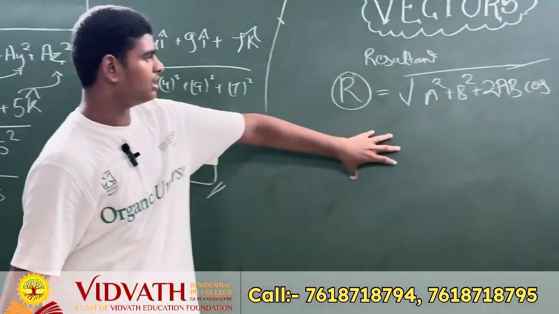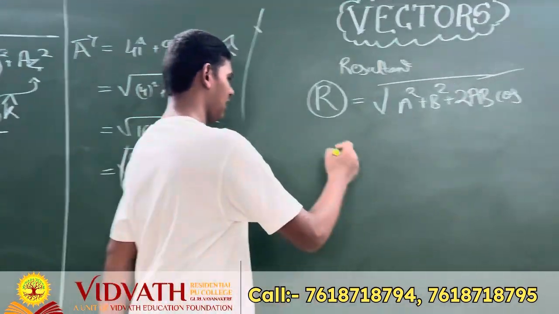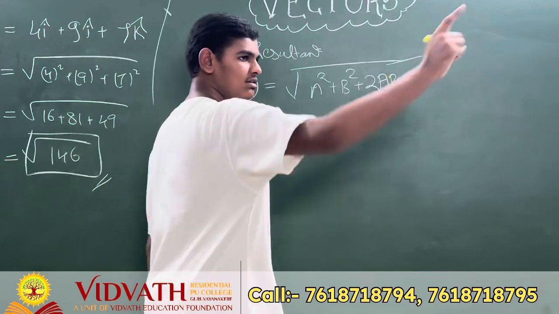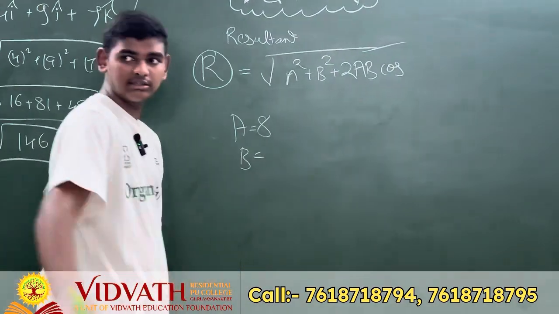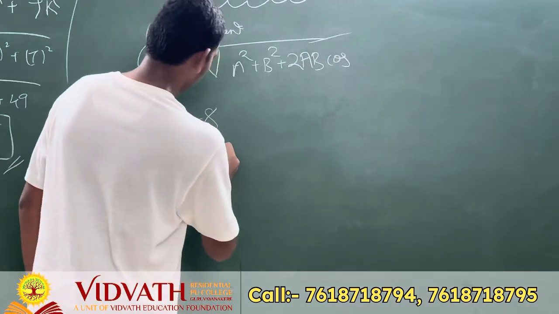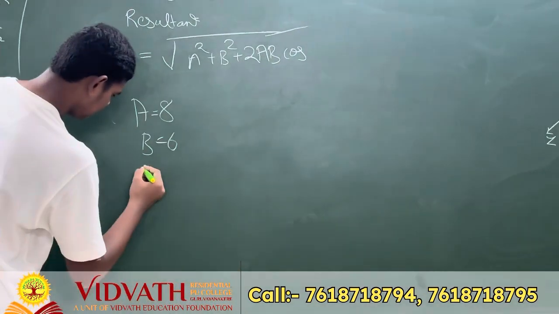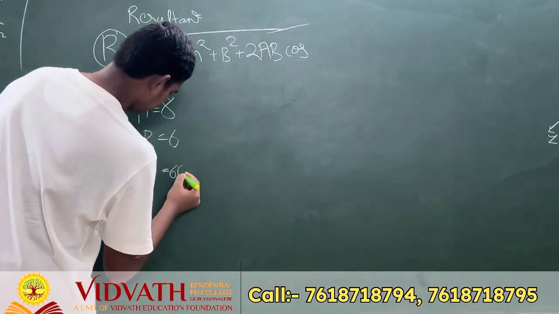Okay. With this here, again, I take a value as 8 and b value as 6. Okay. So again, theta is equal to 60.